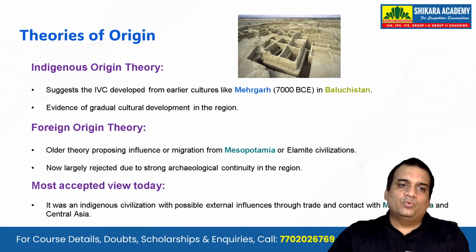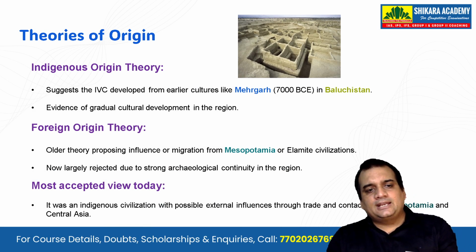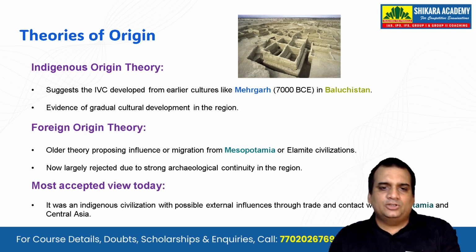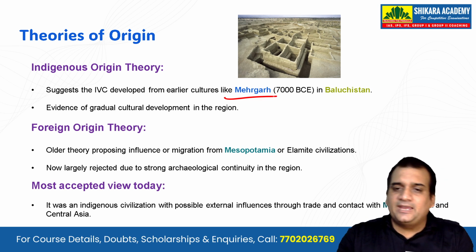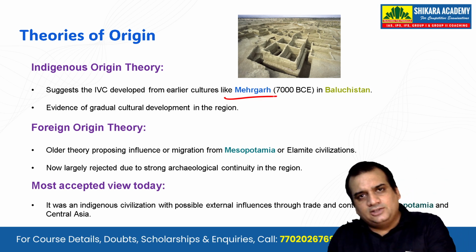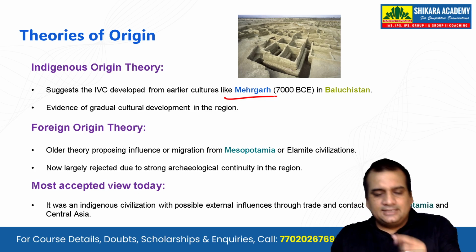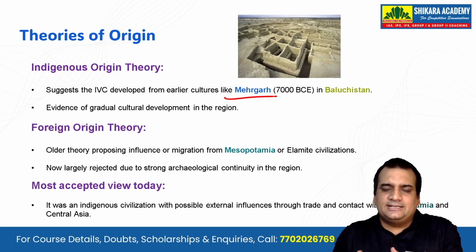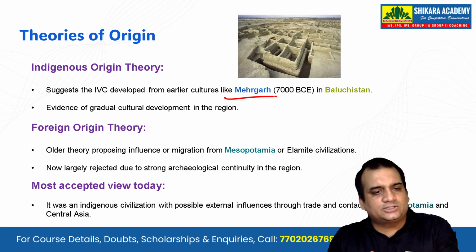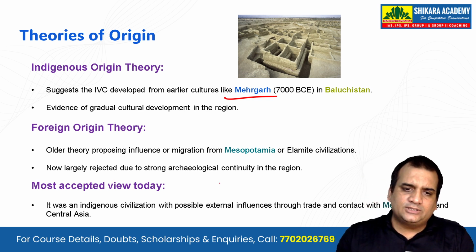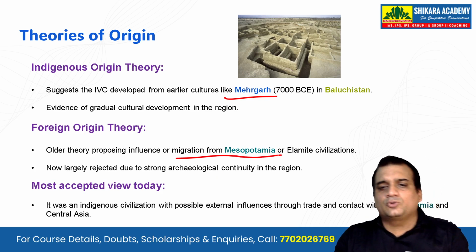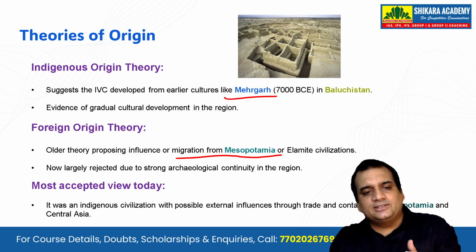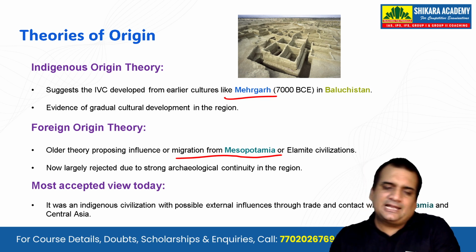Now, what is the origin theory? There are two theories. One is the indigenous theory. The indigenous theory suggests that from cultures like Mehrgarh, that's in Balochistan today, this civilization slowly and gradually developed. The foreign origin theory says, guys, that there must have been migrations from Mesopotamia or other civilizations, but that is largely rejected.